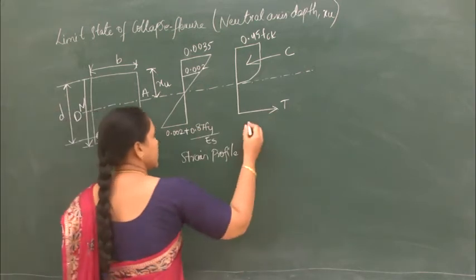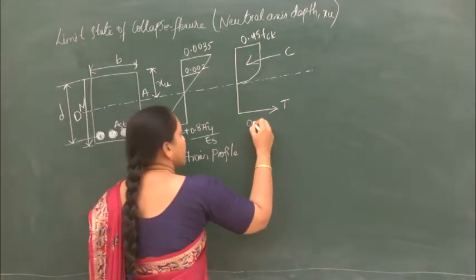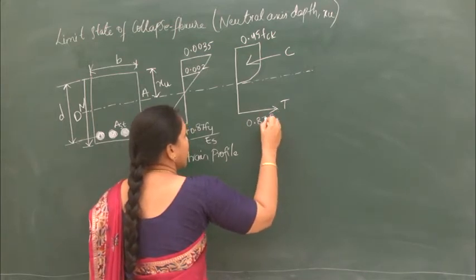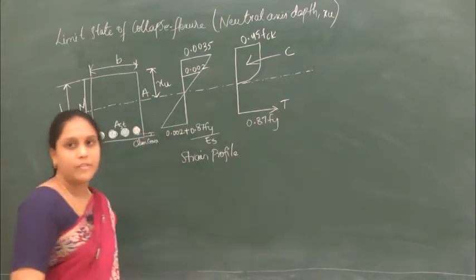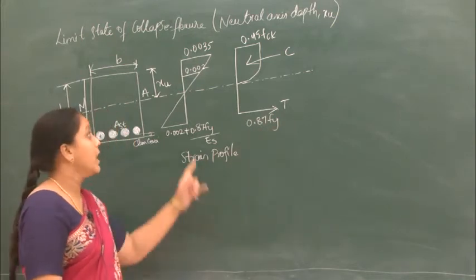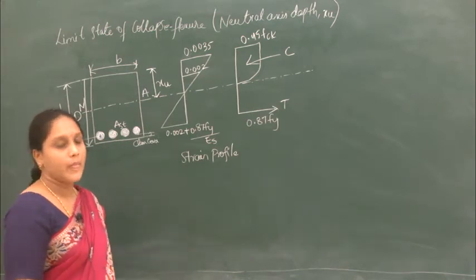The design stress for steel is taken as 0.87 into Fy, and the design stress in the concrete is taken as 0.45 fck.